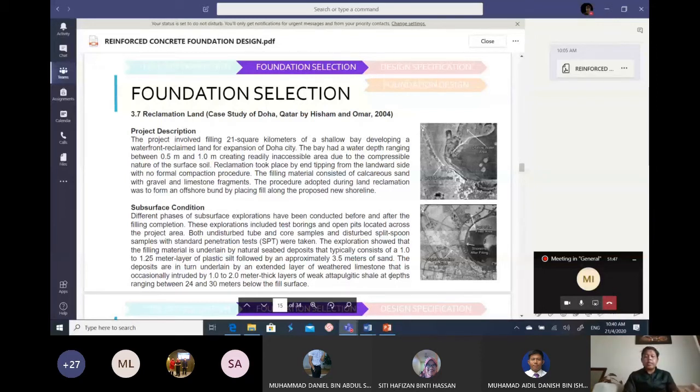So means that there is a shell from the sea creatures, okay, at the depth ranging between 24 and 30 meter below the fill surface. So it's become already one of the layer, because that is a shore area or the sea area.